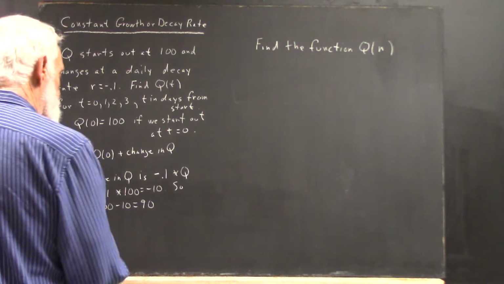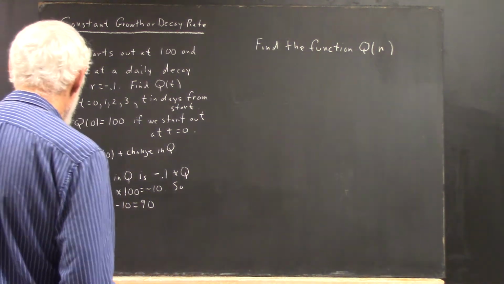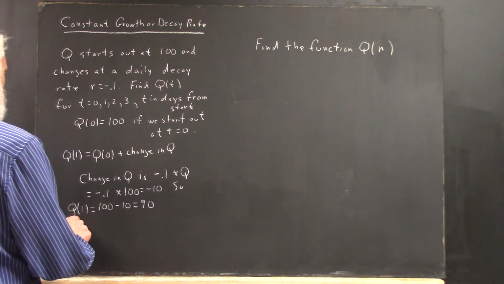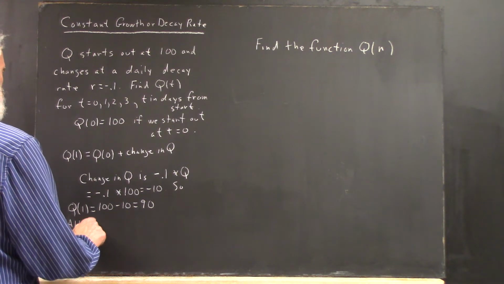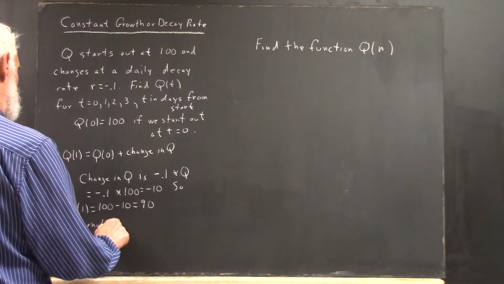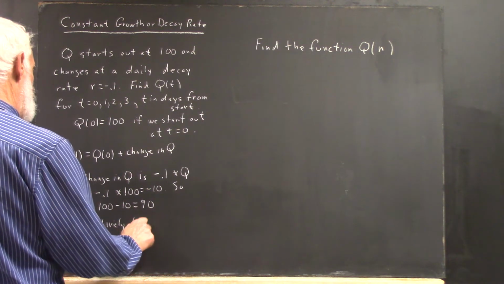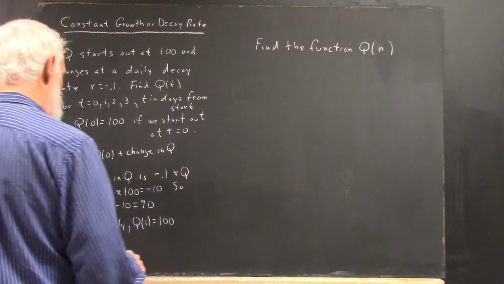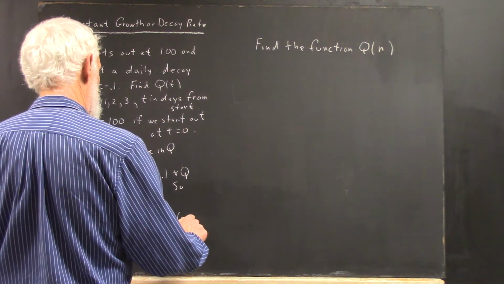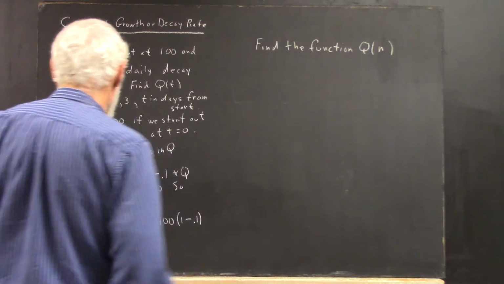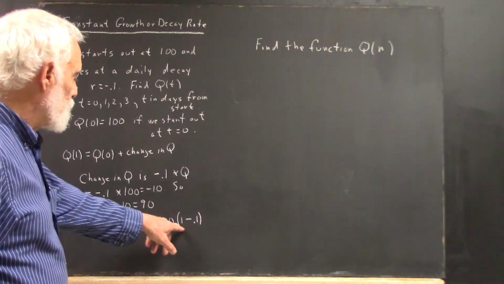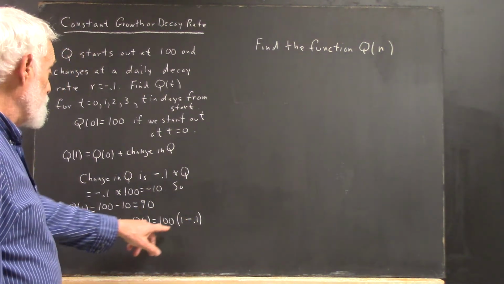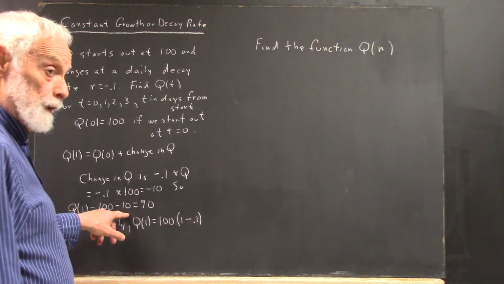Now another way of writing this: Q of 1 is 100 times (1 minus 0.1), because 100 times 1 is your 100, and 100 times negative 0.1 is your negative 10.